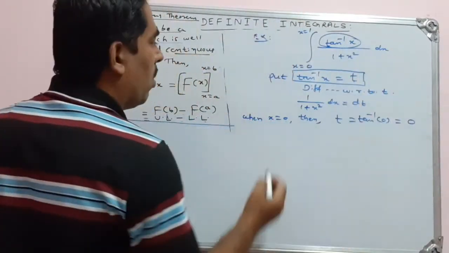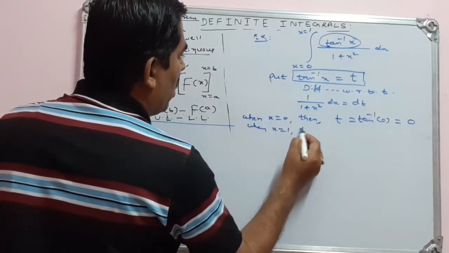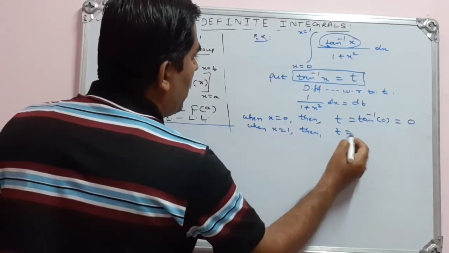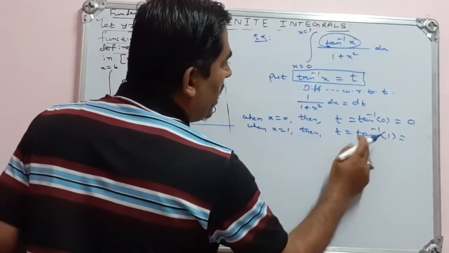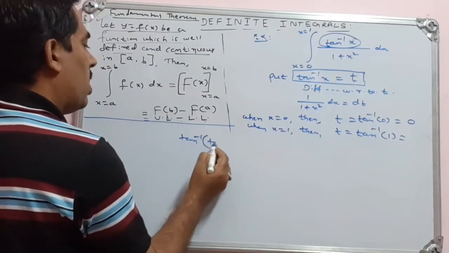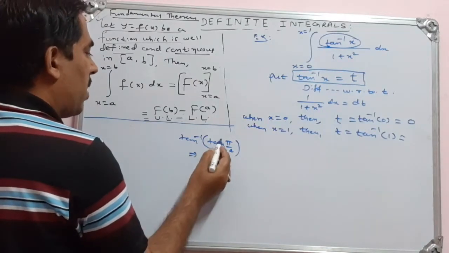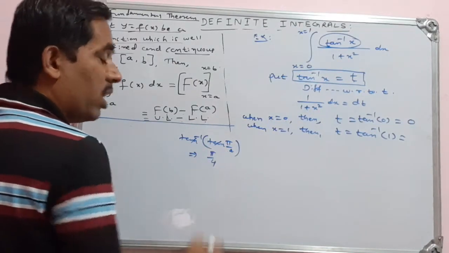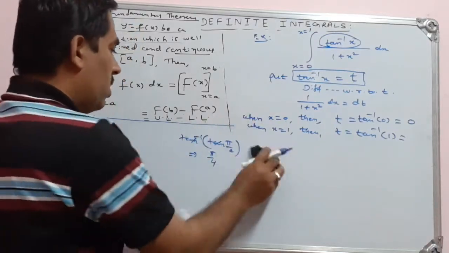Then take the upper limit: when x is equal to 1, t is equal to tan inverse 1. Tan pi by 4 is 1, so I get pi by 4. In inverse trigonometric functions, we have learnt all these things.